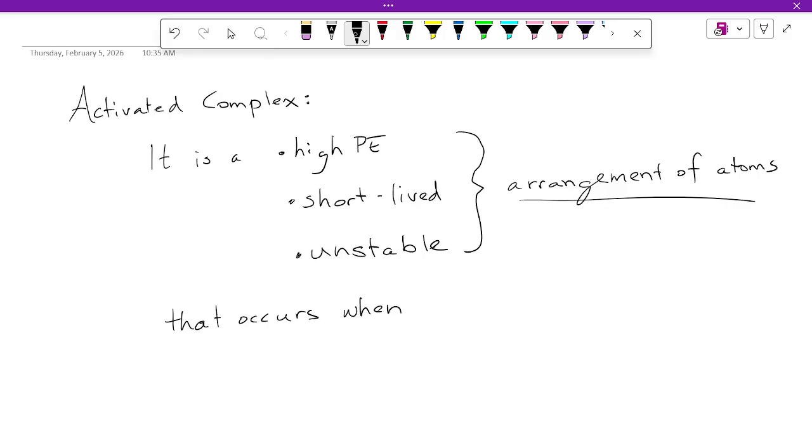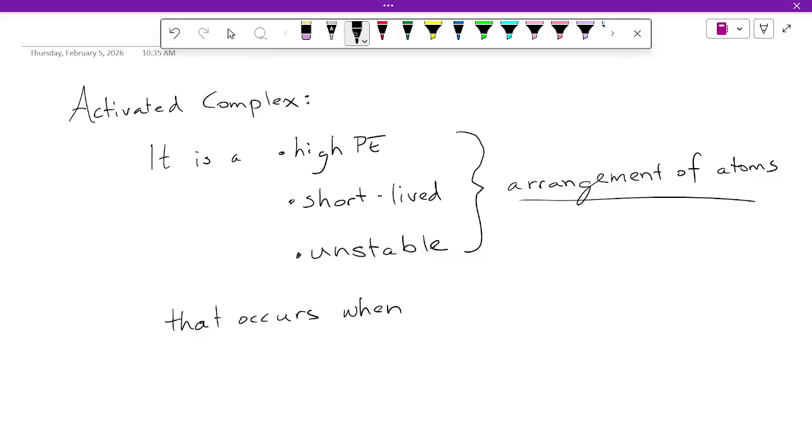Okay, this one goes to Romina. It happens in the arrow. What's happening in the arrow? Old bonds are breaking, new bonds are forming, and that is because what have the particles done? They have collided how? Successfully.